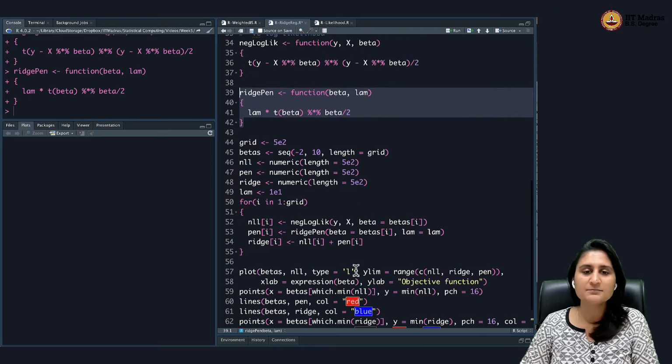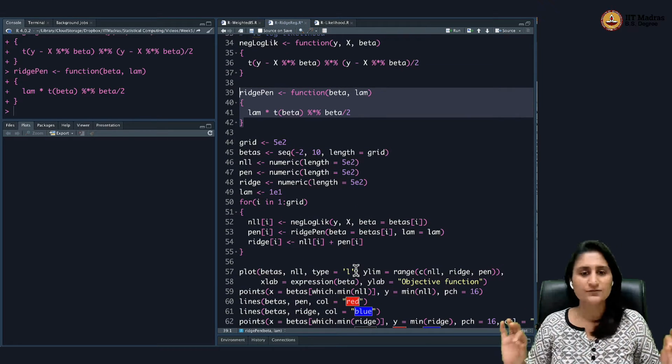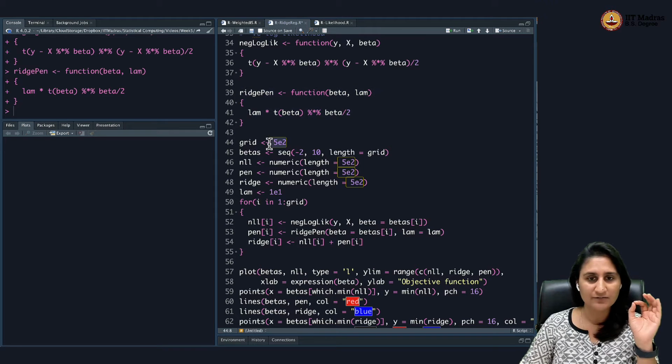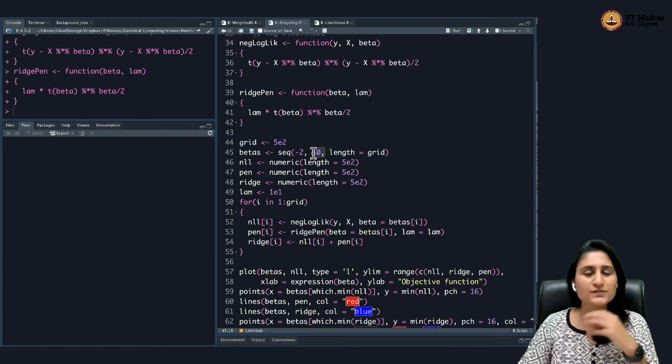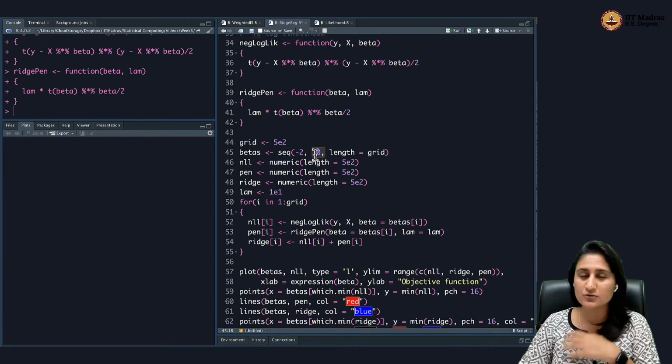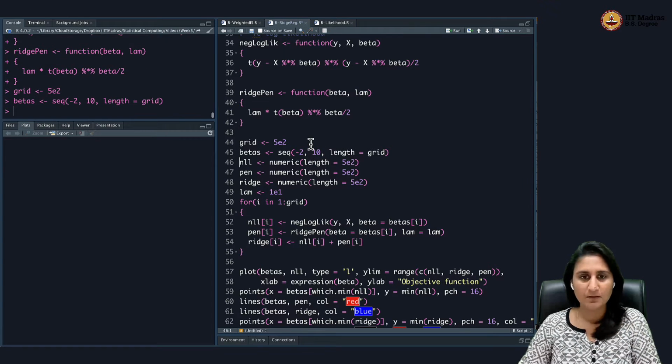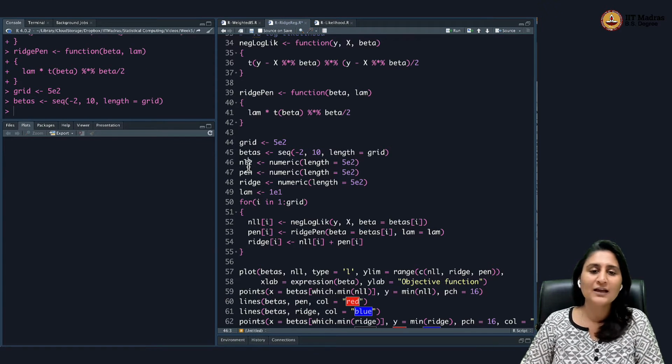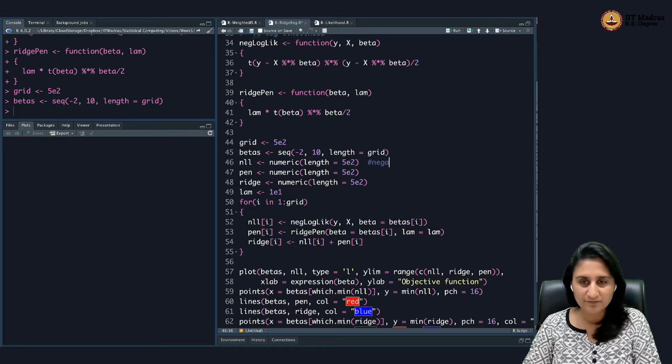And now it's simple. I'm going to create a grid of values for beta on the x-axis. I'm going to create a grid of 500 values. And these are going to be all my betas. These in this case will go from -2 to 10. Now at this point, you've seen me create grids of values before, so you should be comfortable with this. Okay. And I'm going to calculate the negative log likelihood.